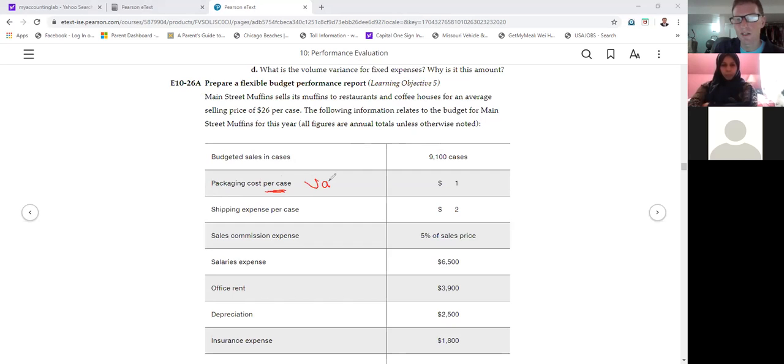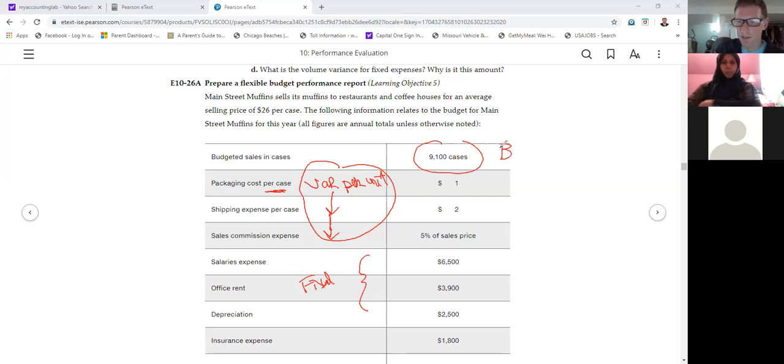So you need to be able to recognize that that is a variable cost per unit, just like the shipping is, just like the sales commission is. And like I just tried to show you today, if you know your variable cost per unit, you should be able to apply that to then get your total variable cost. And of course, here's your fixed cost down here. All those are your fixed. And then of course, don't forget about this, the 9,100, that's your budgeted sales.